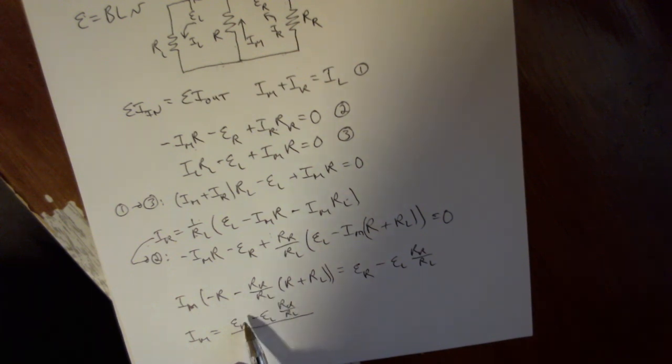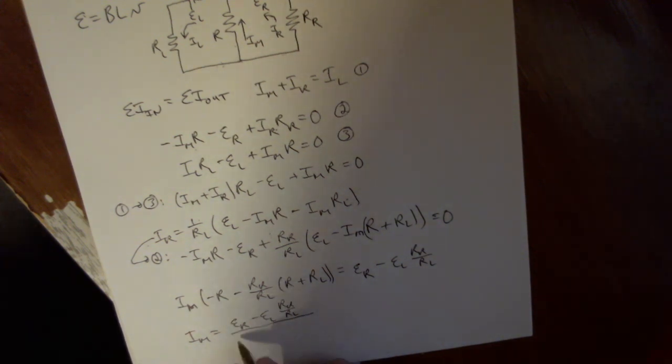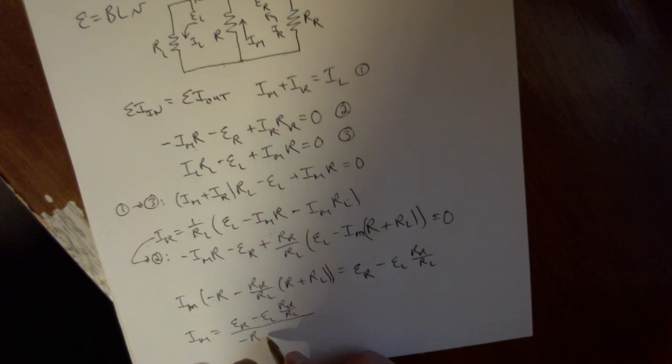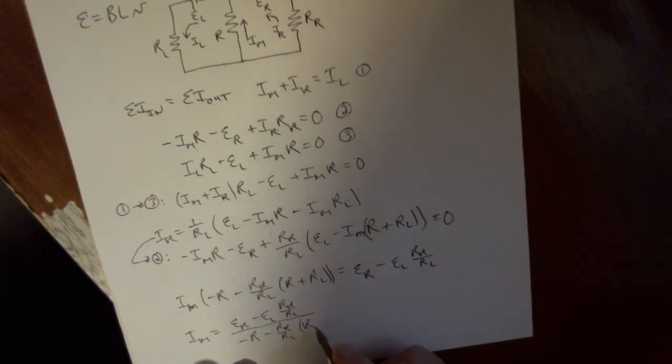Do I want to simplify it at all? No, so this is minus R minus RR over RL, R plus RL, good.